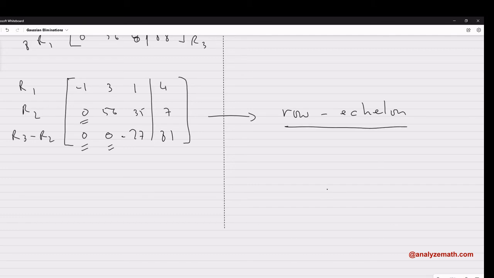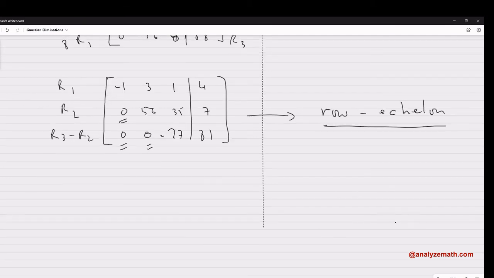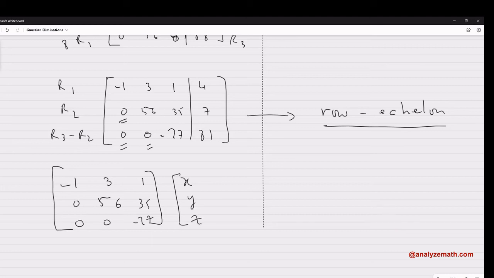And this is easy to solve because if we rewrite this again as a system of equations, we have minus 1, 3, 1 here, and then 0, 56, 35, and then 0, 0, negative 27, and then we multiply by the vector x, y, z, and that's going to give me the constant terms, which are 4, 7, and 81 here.